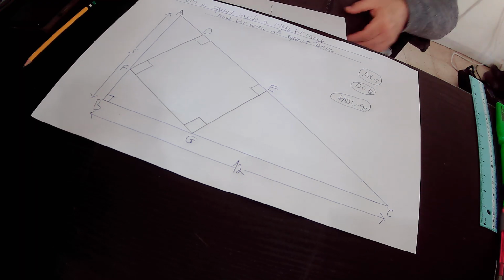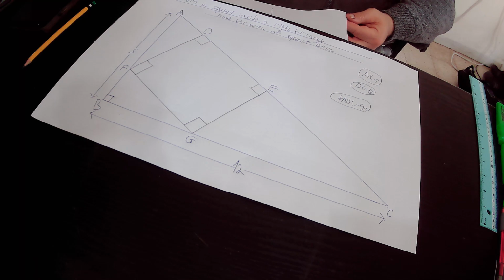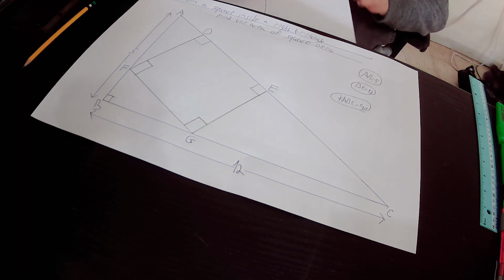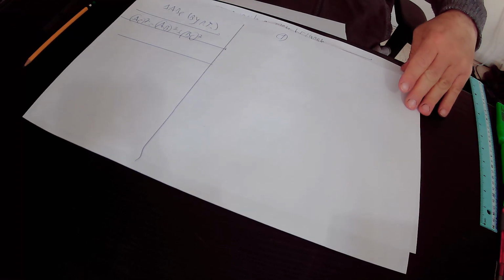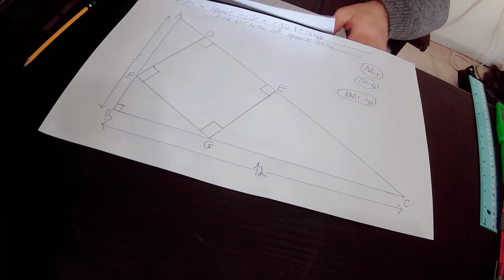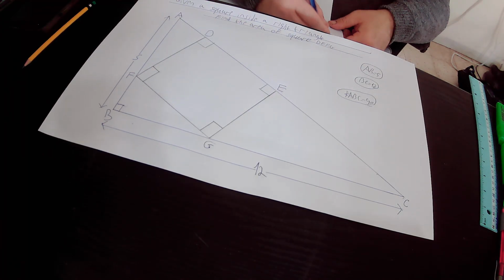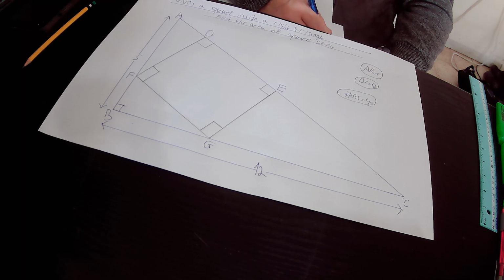Repeat again, in the right triangle ABC, according to the Pythagoras theorem, AC squared equals AB squared plus BC squared. So AC squared, that is the square of the hypotenuse, equals AB squared.